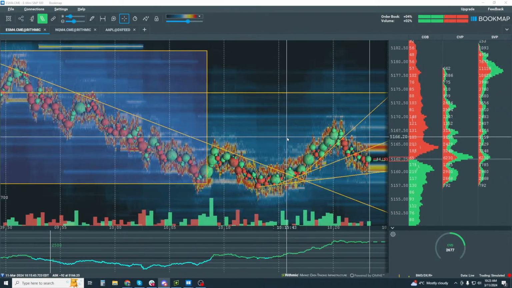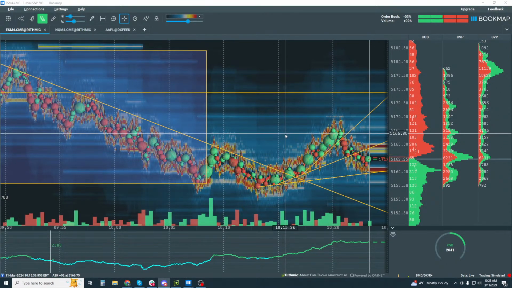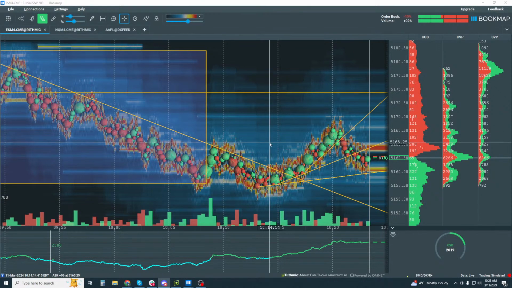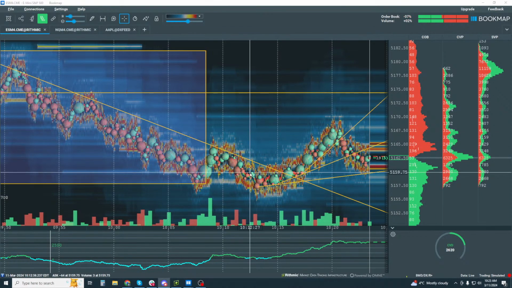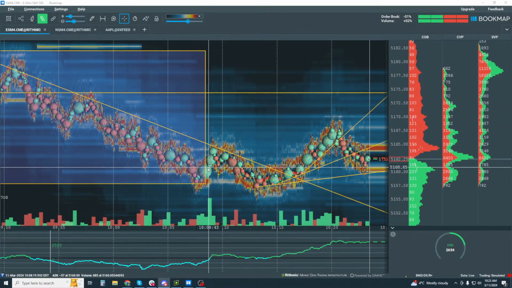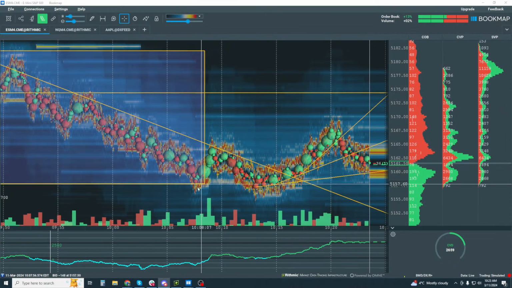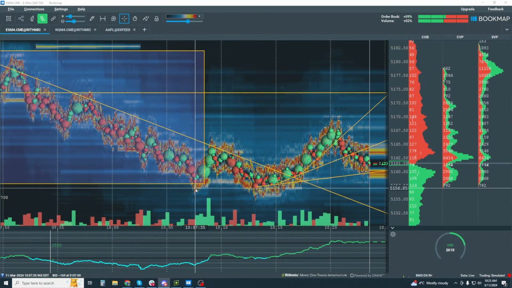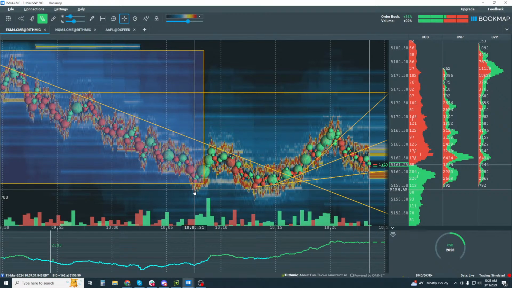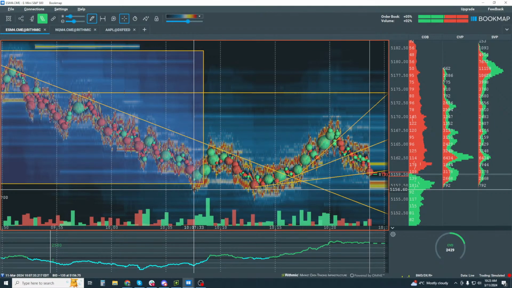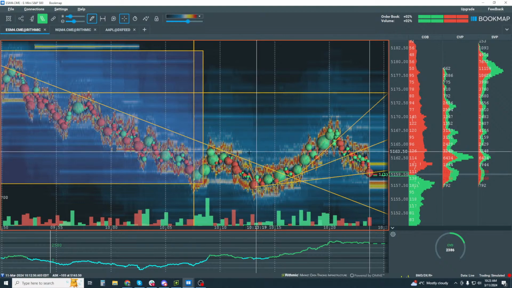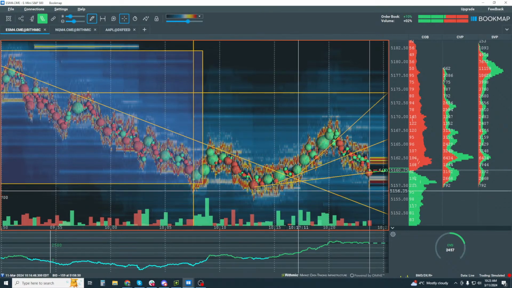We went through this last week, and we're going to go through it again here. Look at the volume in here. We don't really know, but I just want to point this out again and again. Look at the shift here in this volume. From this point onward, it's mostly buying.